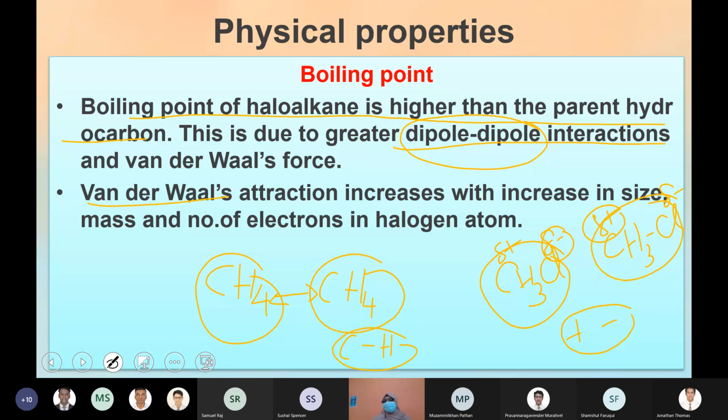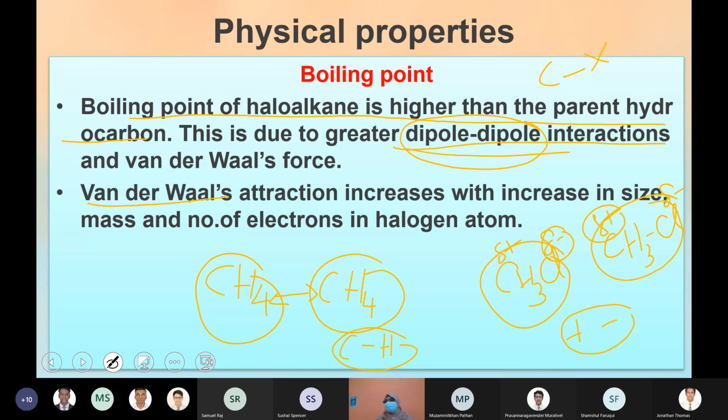And the reason is that the carbon-halogen bond is polar, so dipole-dipole interactions are possible. All the explanation related to melting and boiling point should be based on the intermolecular force of attraction. What is the force of attraction operating between the molecules?